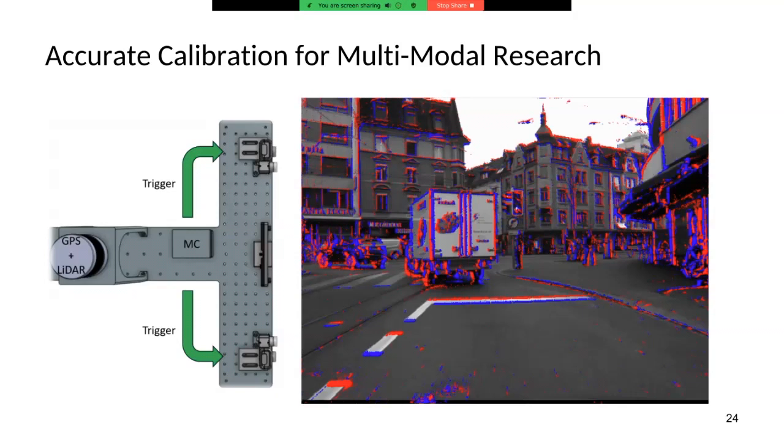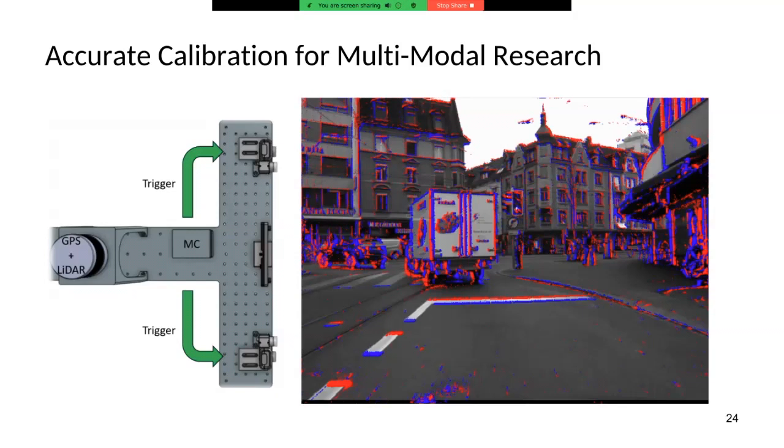As I mentioned earlier, accurate calibration is very important, because if you want to do research in multimodal input, then we have to be able to associate the event camera and the video camera.